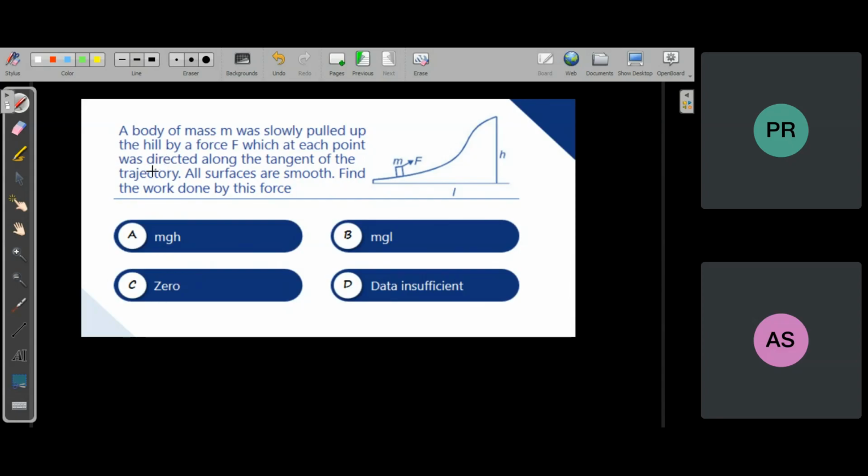The tangent will be different at different points. Everywhere it is along the tangent, but the tangent is in a different direction. It means the force is variable. The force is changing direction, but it is along the tangent.